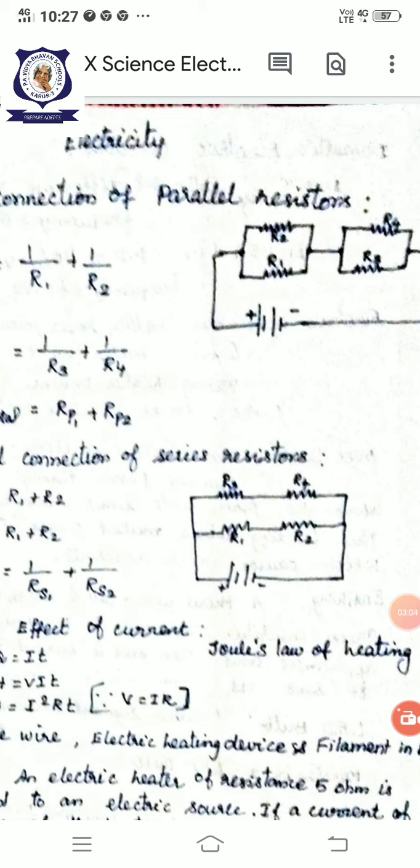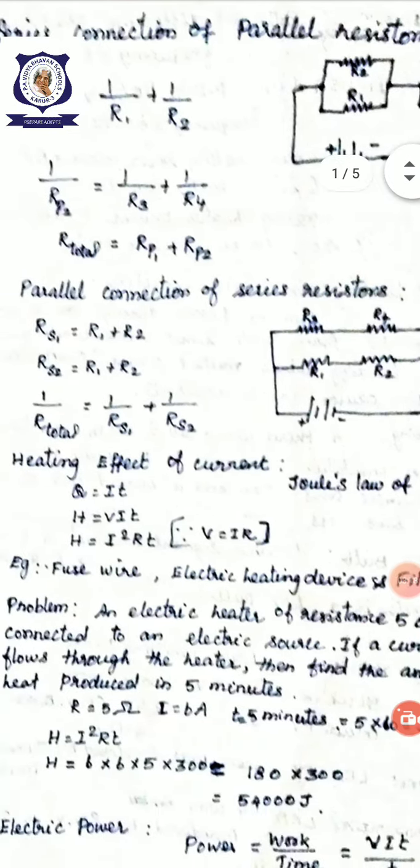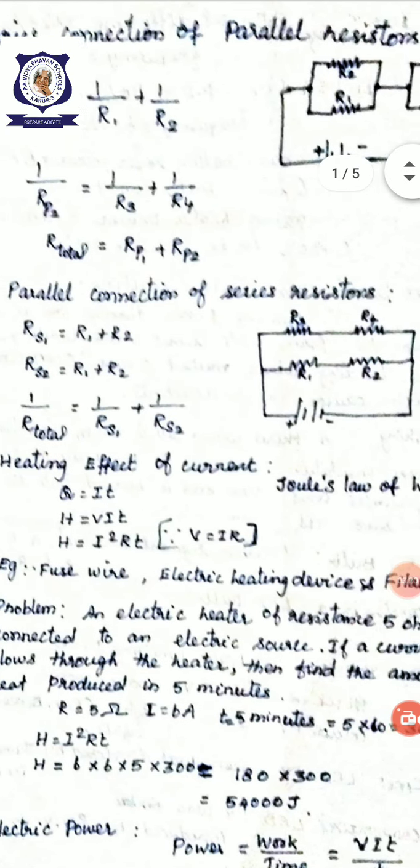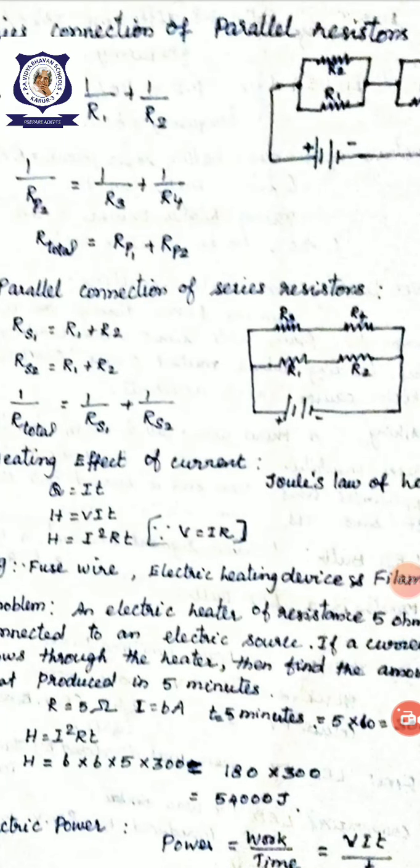When there are parallel connections, first find the effective resistance of one parallel connection, then of the other parallel connection, then both are in series, so we find the sum. Is it clear?